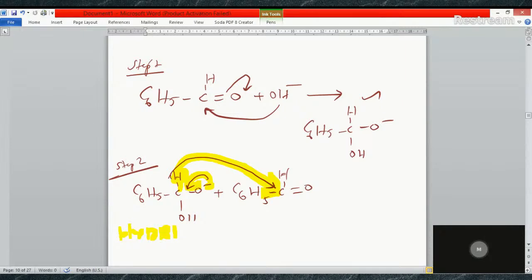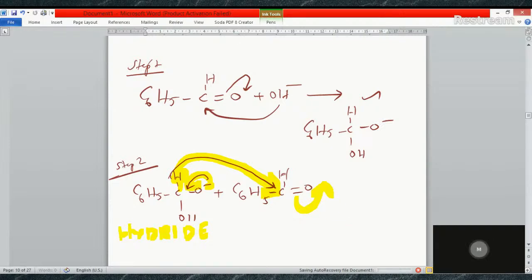Hydrogen usually leaves as H plus, but in this case hydrogen is leaving with its electron, so it leaves as H minus. So you can call it hydride ion transfer, H minus ion transfer. When the hydride ion attacks this carbon, the nearby bond breaks and oxygen can carry minus. So this happens simultaneously, and the hydride is transferred.